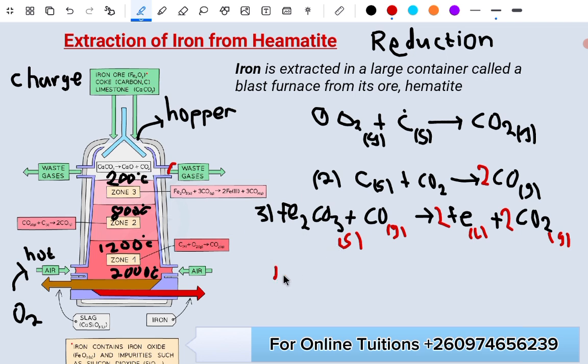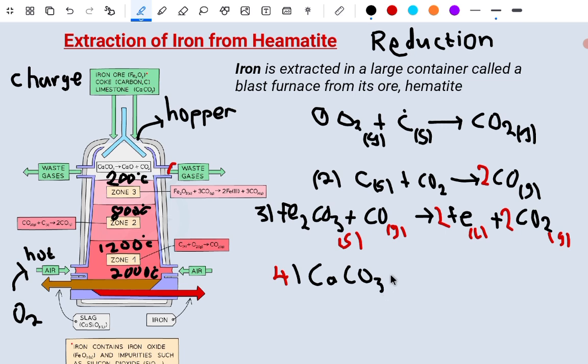Thermal decomposition is where the calcium carbonate will simply decompose, because of heat, to calcium oxide plus carbon dioxide. So you notice carbon dioxide being produced in many reactions here. So this is done because of what? Heat.